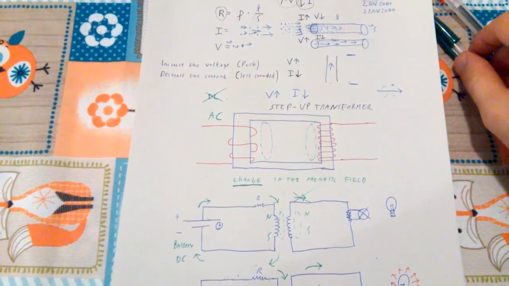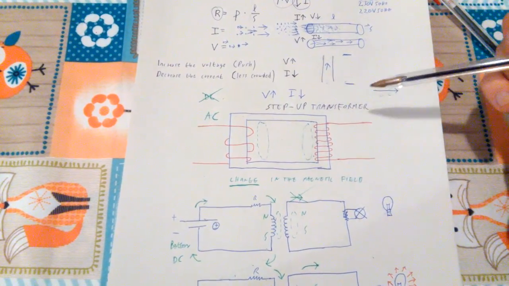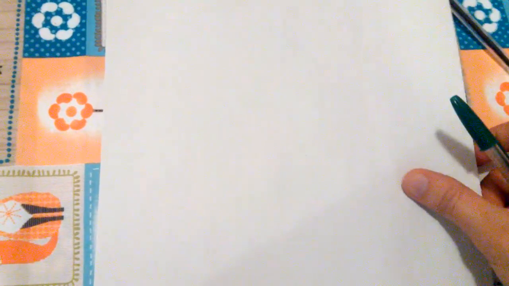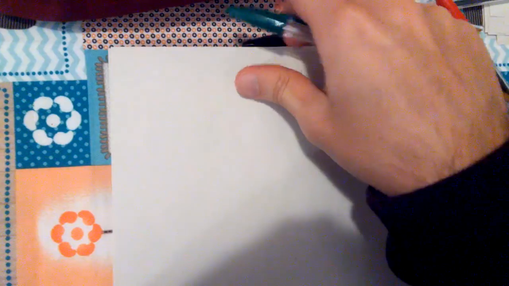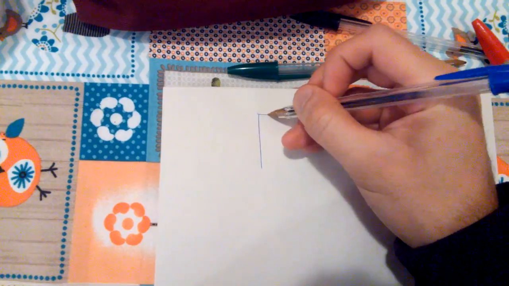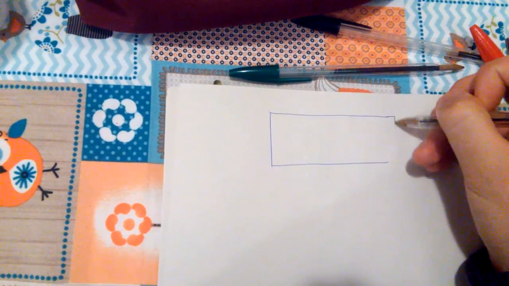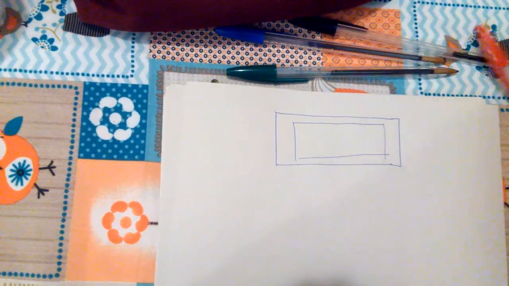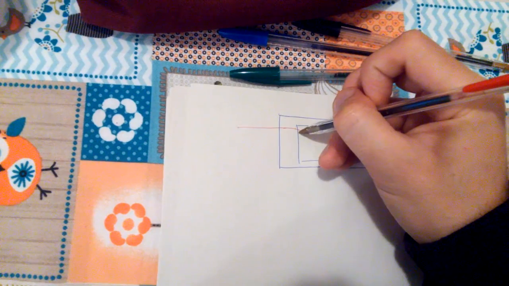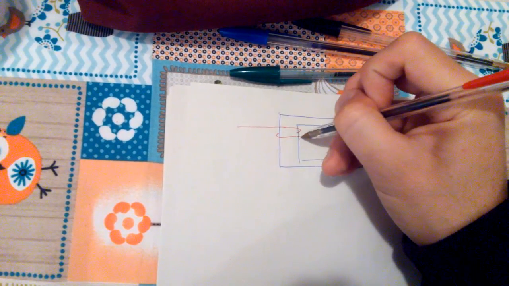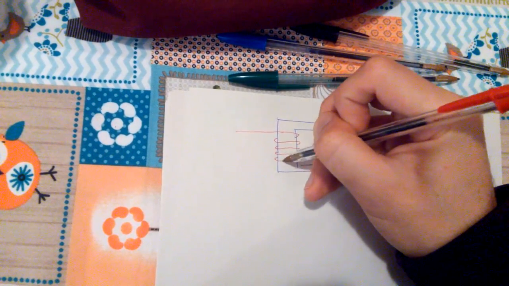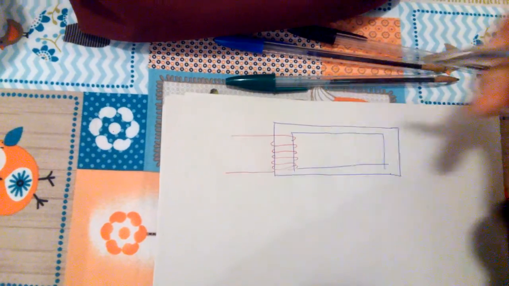How is a step-down transformer made? Well, it's the same as this one, but opposite. So a step-down transformer is like, I'm gonna do it like this, and like this, and then the way back here.